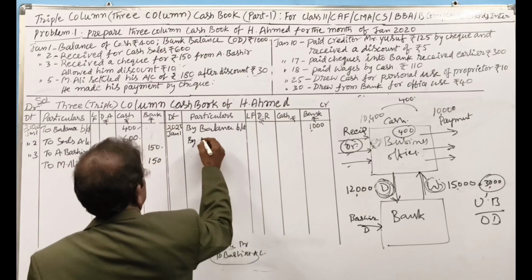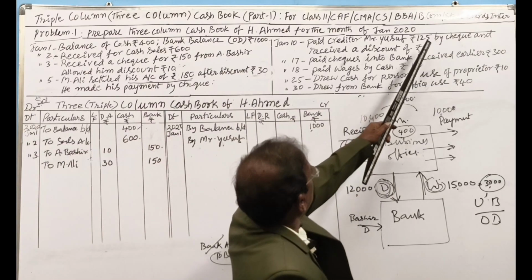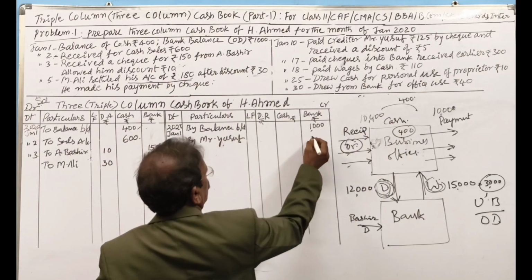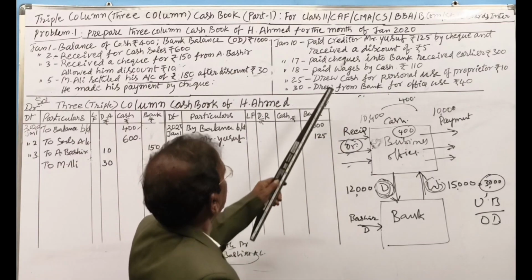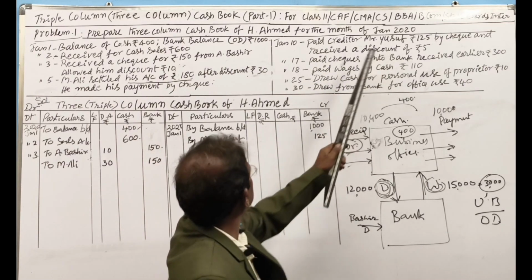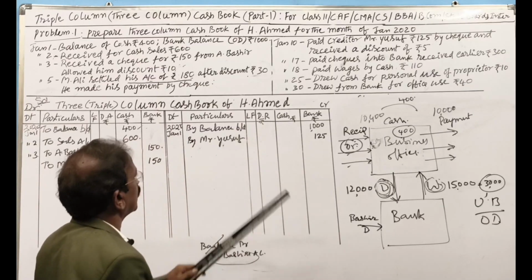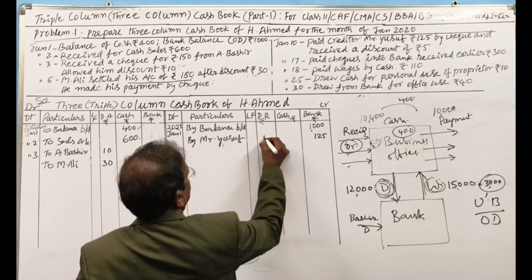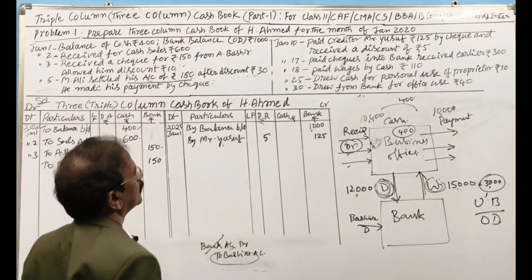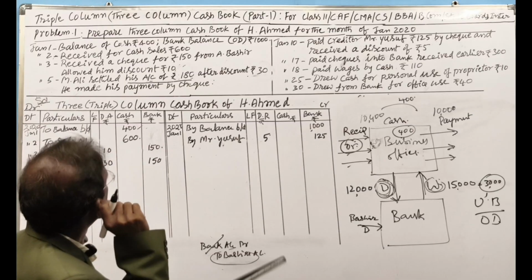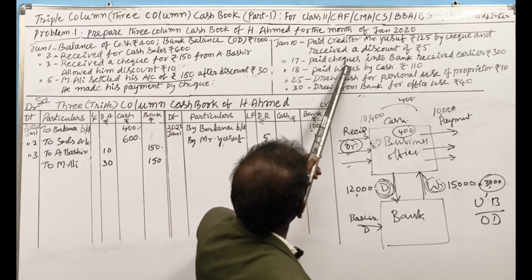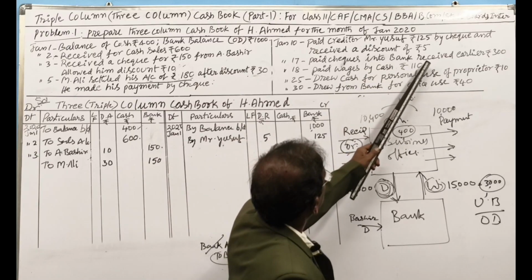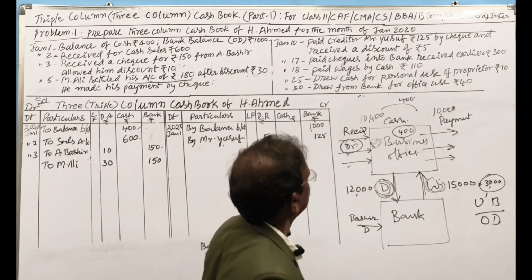To Mr. Yusuf. How much are you paying? 125. 125 should be entered in the bank column. And received a discount. In the discount received column, we should write 5 rupees. Over.